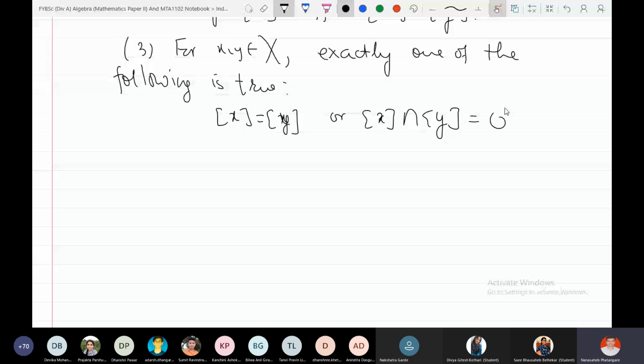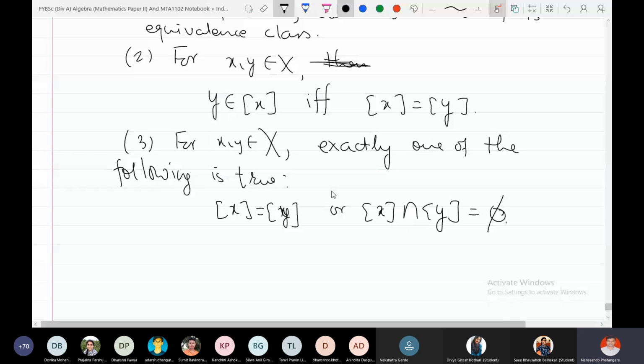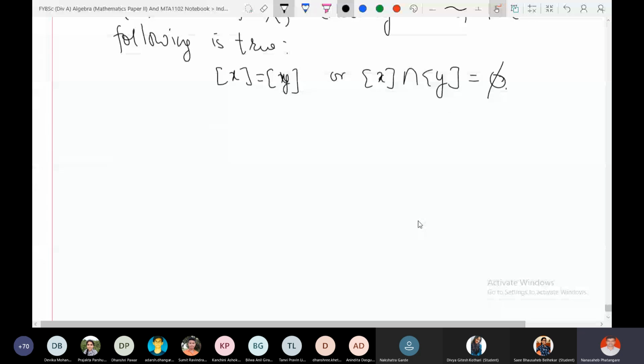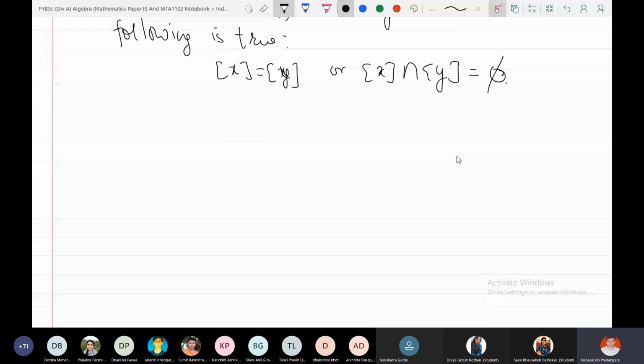Do you remember that equivalence classes are sets, right? Equivalence classes are sets, and therefore for any two elements, either their equivalence classes are exactly equal, or they are disjoint. There is nothing common at all. If there is something common, then the classes are the same. So that we'll see.